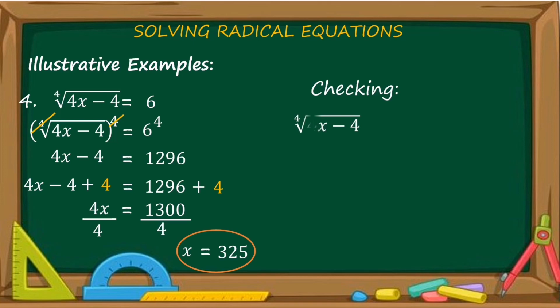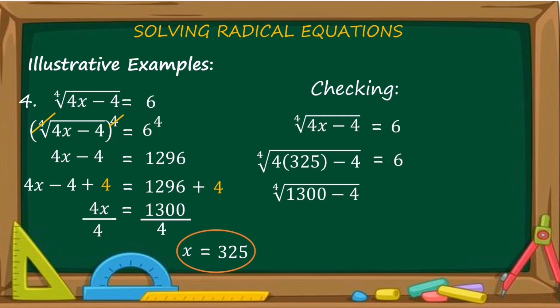So meaning to say, our solution is equal to 325. Then to check, the fourth root of 4x minus 4 is equal to 6. Let us substitute the value of x, which is 325. So that is the fourth root of 4 times 325 minus 4 is equal to 6. The product of 4 times 325 is equal to 1,300, minus 4.